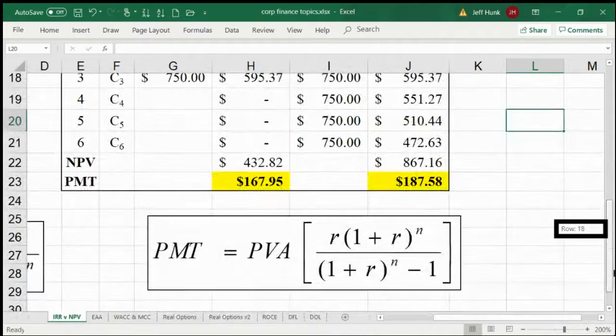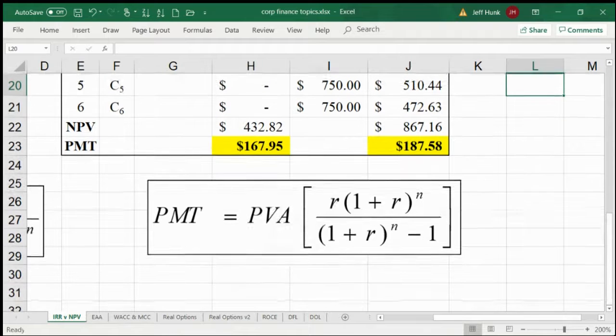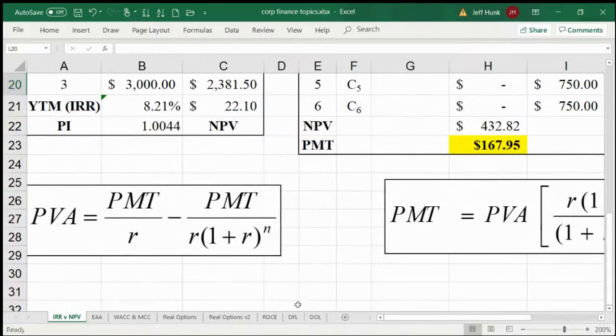Now, let's think about it. First of all, you must remember what the present value of an annuity is, right? From Finance 100, from the Principles of Finance. The present value of annuity formula is basically like this.